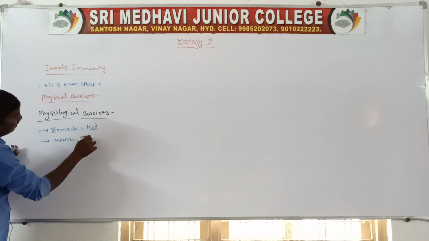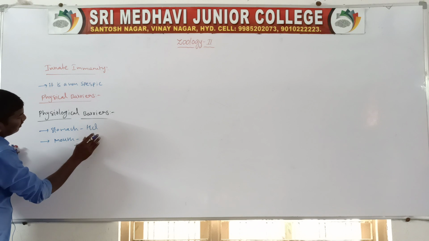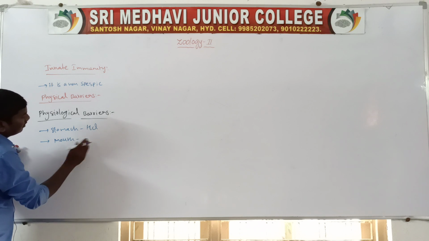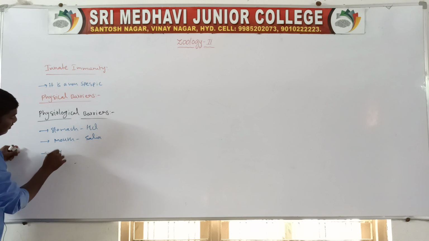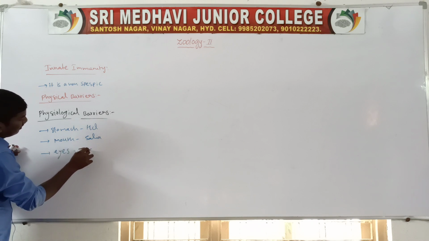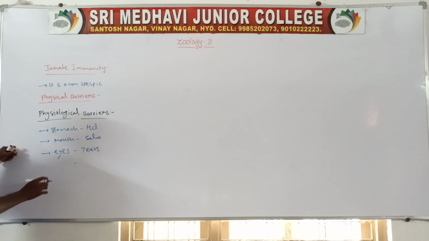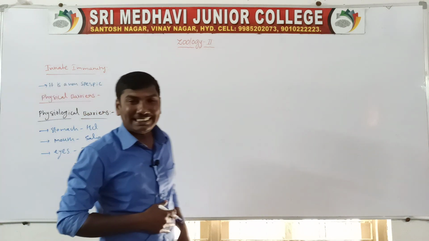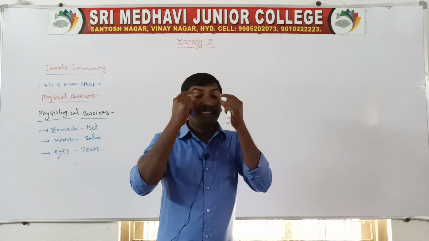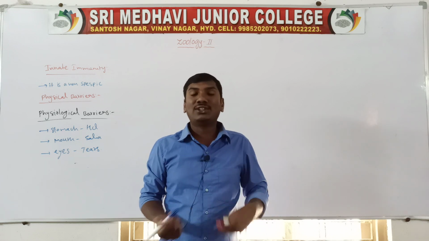Mouth, saliva. Eyes, tears. So they are the physiological barriers: stomach, hydrochloric acid; mouth, saliva; eyes, tears.